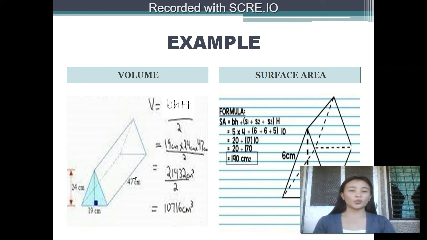So we have 20 plus the quantity of 17 times 10, then we have 20 plus 170. So the total surface area of the given triangular prism is 190 square centimeters.